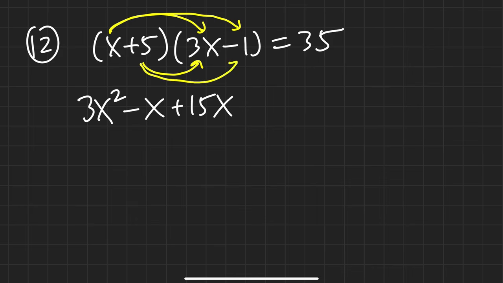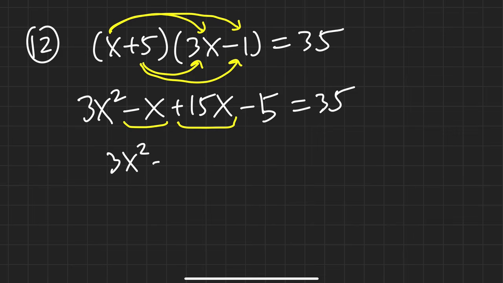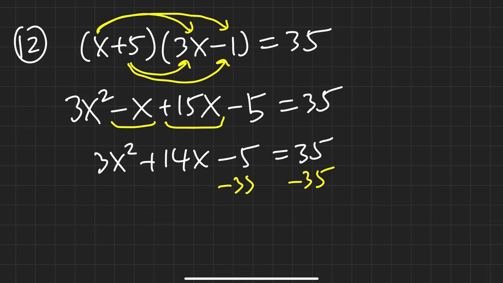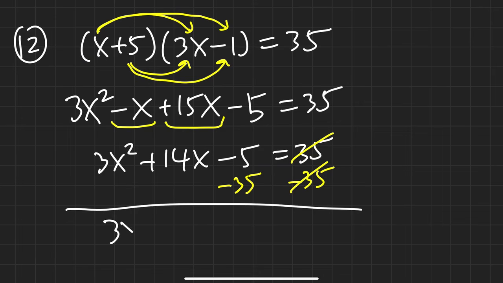And then 5 times negative 1, that's minus 5. And then negative x plus 15x, that's 14x. Okay, and then subtract 35 to both sides. So 3x squared plus 14x, negative 5 minus 35 is negative 40.